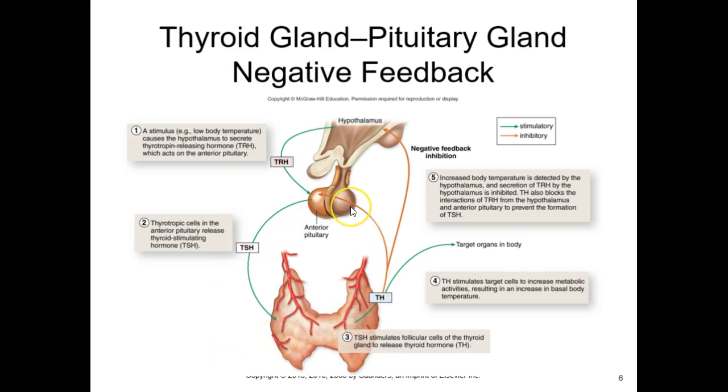So now is the thyroid releasing more TH or less TH? More TSH, direct effect of that is going to be more TH, more thyroid hormone. That's the direct effect, right?